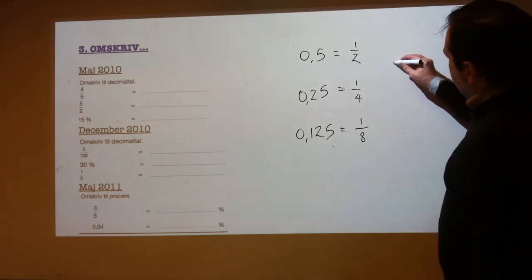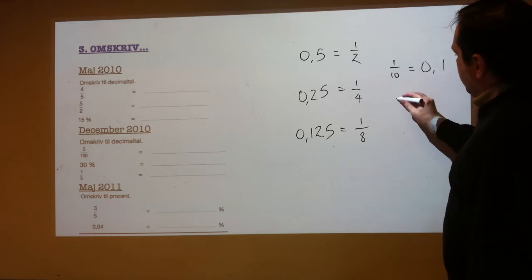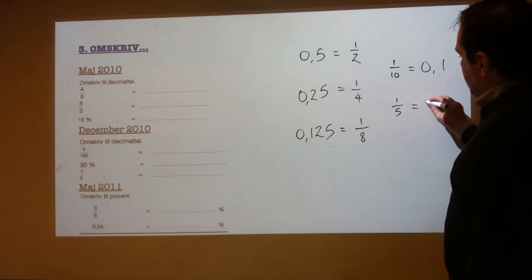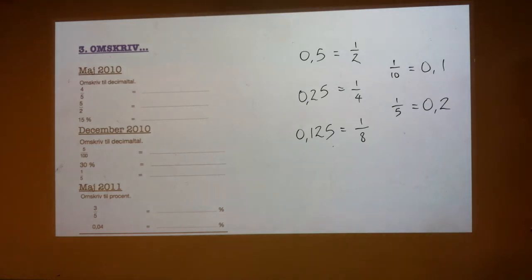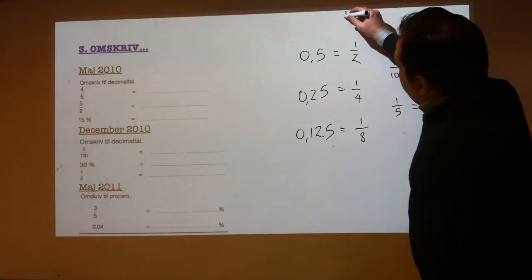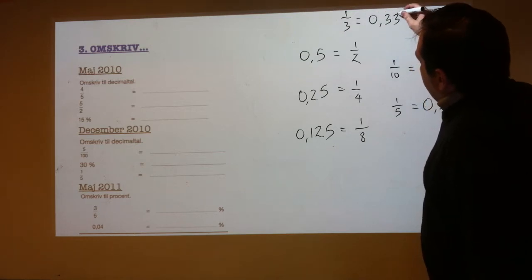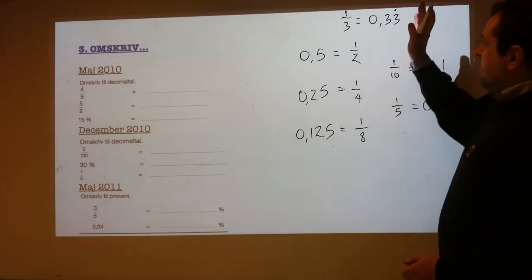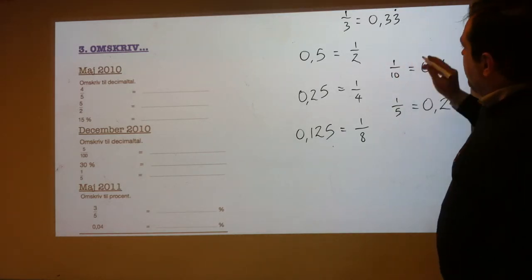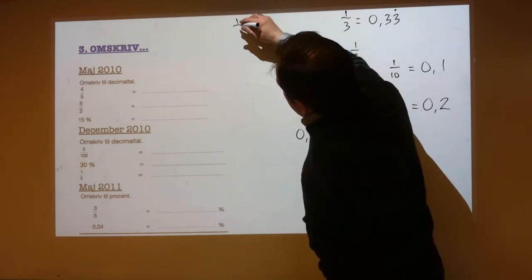You should know that a tenth is 0.1, that a fifth is 0.2. You should know that a third is 0.333333 recurring.